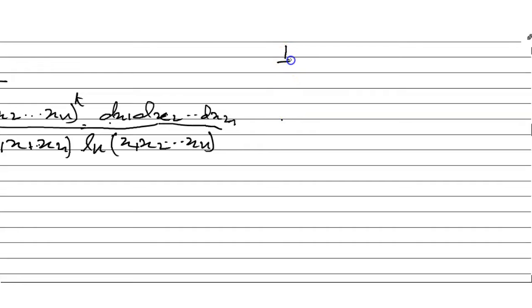So I dash t, how can I write? I dash t is equal to the derivative with respect to t.